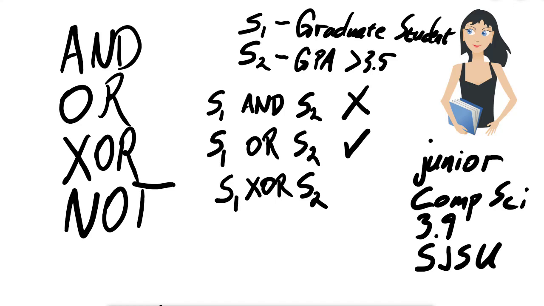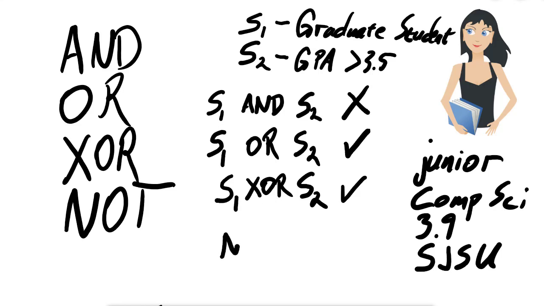So, is Stacy a graduate student? No. Does she have a GPA greater than 3.5? Yes, Stacy does. So, exactly one of these things are true. Stacy would then be eligible for the program if this were the case. Now NOT only operates on one thing.